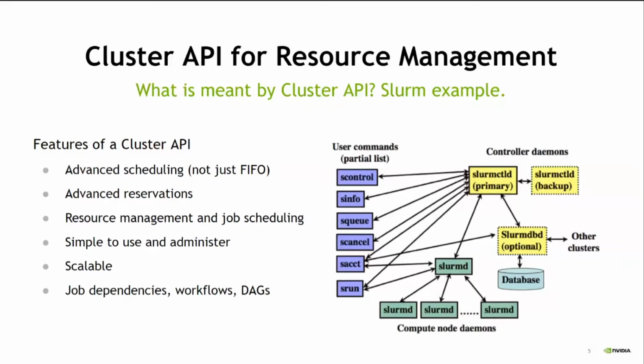Then sinfo and squeue are APIs to query your resources and to see who's running what, perhaps to log things. And then you have the actual launch commands, which are srun, sbatch, and salloc. There's also the scancel command. These actually let you start jobs and stop jobs.